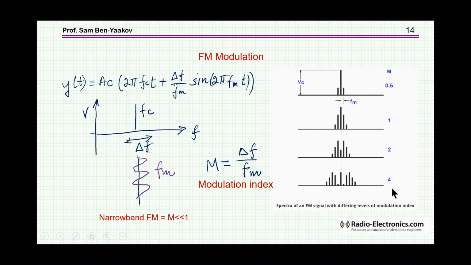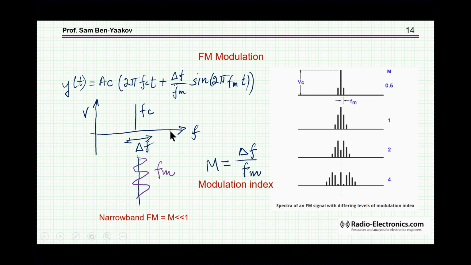Before going into an example of running the simulation, I'd like to point out that we are talking about FM modulation. Now, the time domain expression for the FM modulation is this equation. We have the carrier amplitude, 2 pi, carrier frequency, time, delta F, which is the shift in frequency, FM, the modulating frequency, and then sine 2 pi FM t.